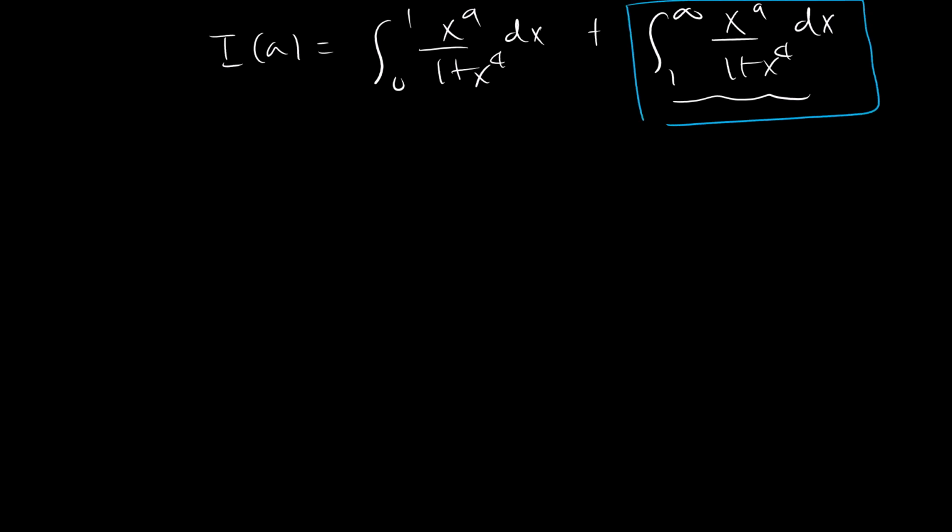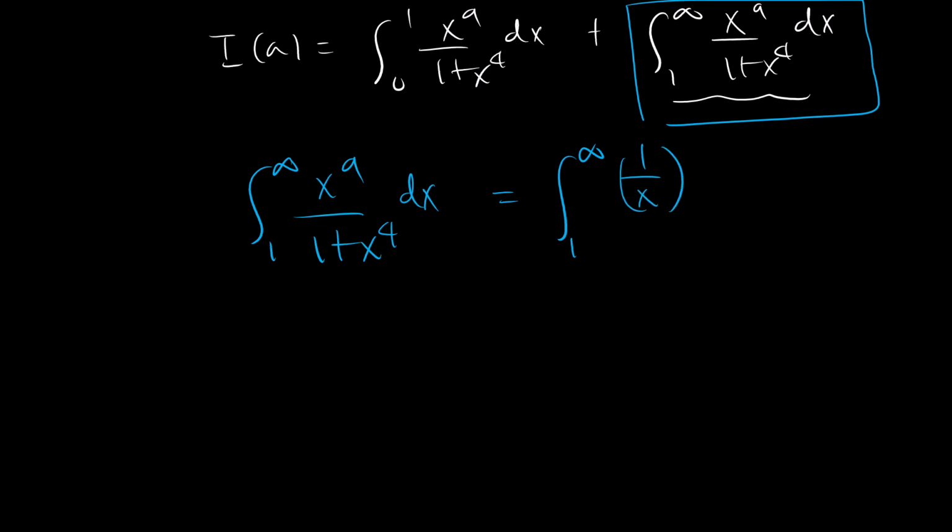So we have the integral from 1 to infinity of x to the a over 1 plus x to the fourth, and this is the same as the integral from 1 to infinity of 1 over x to the power negative a, and then we have 1 over x to the fourth plus 1, with dx over x to the fourth.